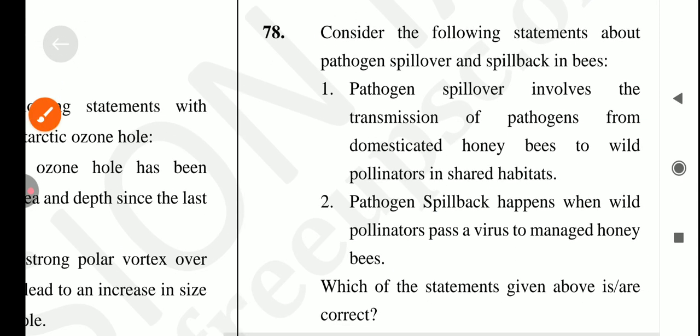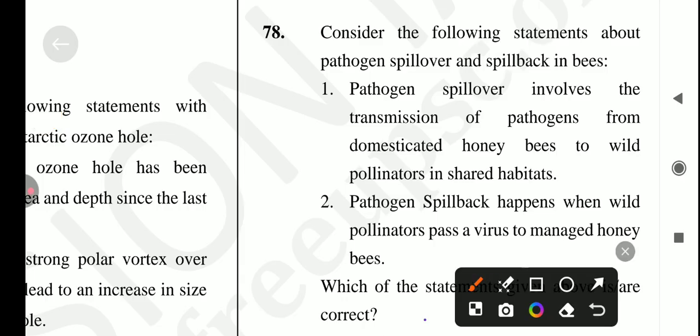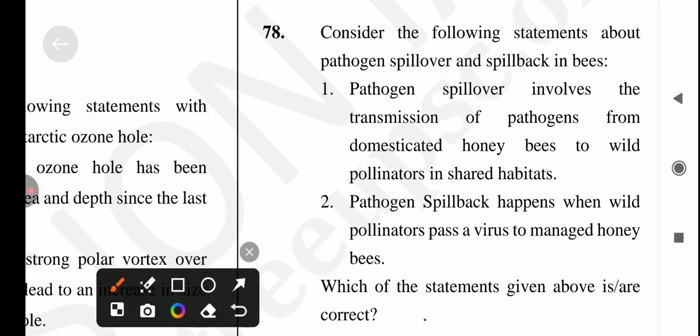Let's come to the next question, which is: consider the following statements about pathogen spillover and spillback in bees. First statement: pathogen spillover involves the transmission of pathogens from domesticated honeybees to wild pollinators in shared habitats.